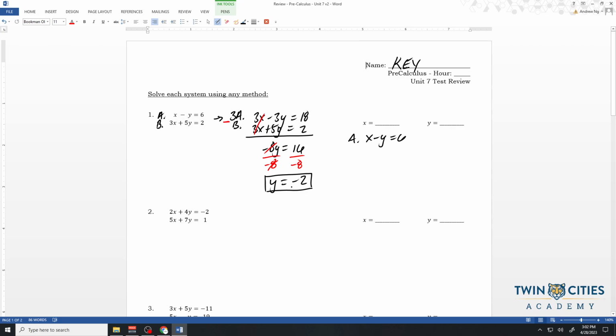But I now know that y is negative 2. So I can replace the y here and say x minus negative 2 is equal to 6. So x plus 2 is equal to 6. And when I subtract 2 from both sides, I'll find that x is equal to 4.